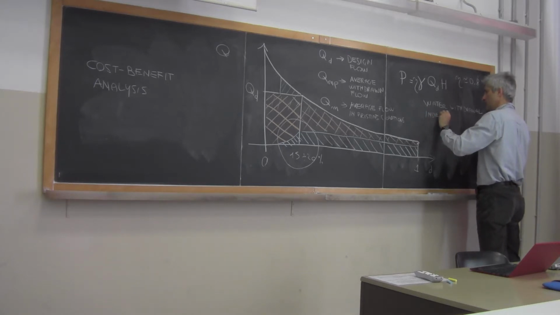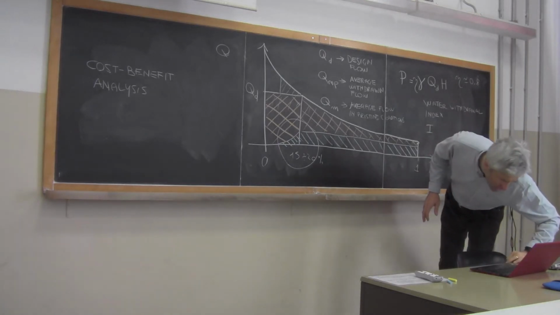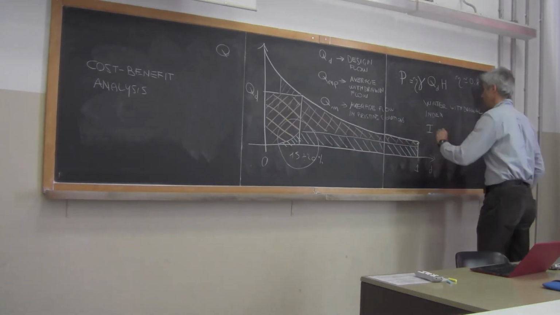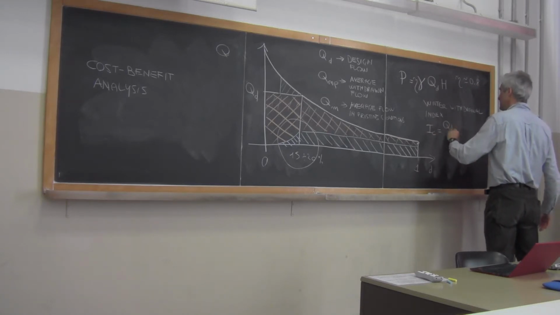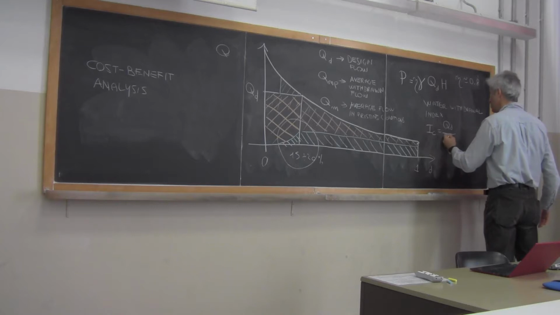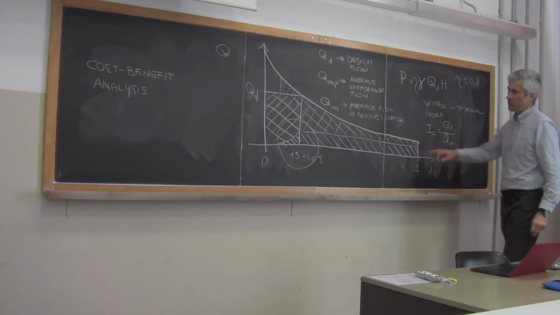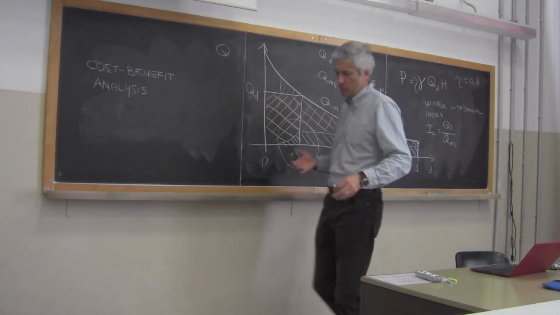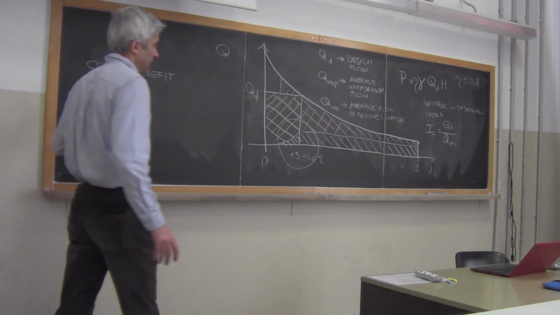Let's call it IC. And this is equal to QD divided by QM, where QM is the average flow in pristine conditions. This is usually higher than 1.